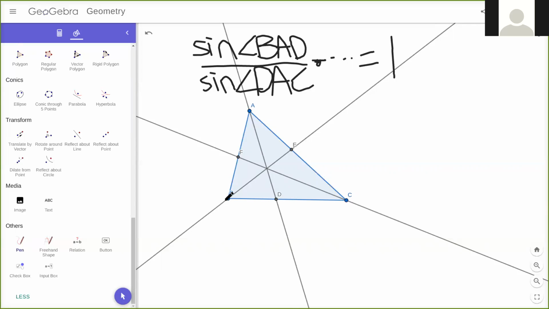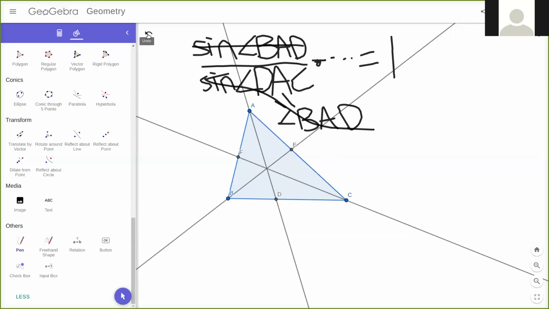So that means the angle BAD is actually the same as the angle DAC. So this angle right here is just angle BAD, same thing. And then sine of angle BAD over sine of angle BAD, well, they're the same thing again. They're just 1. Okay, so pretty straightforward for angle bisectors.